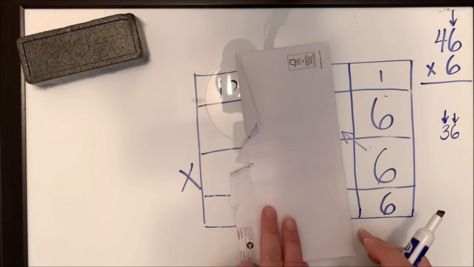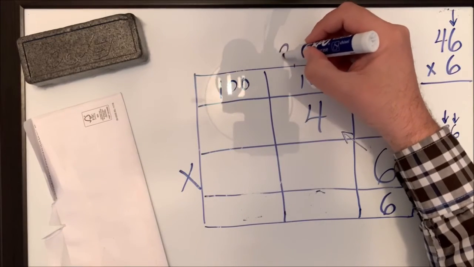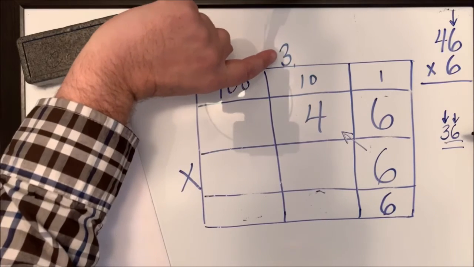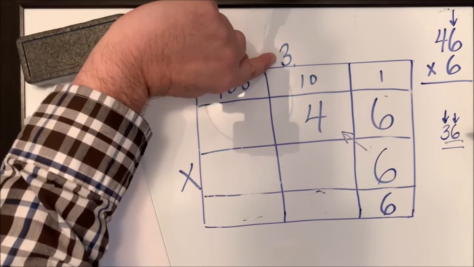So I'm going to put those 3 lonely tens on top. So 6 multiplied by 6 is 36. I'm going to put the 6 in the ones column, and I have 3 tens. I'm going to put them on top of the tens column.